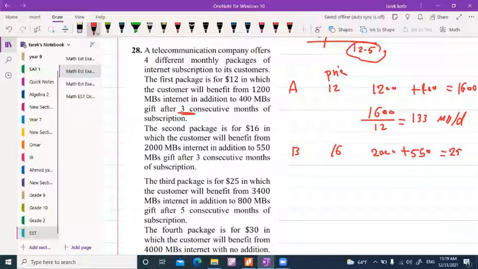So the price of the megabyte is 2,550 over 16, which gives me 159 megabytes per dollar.